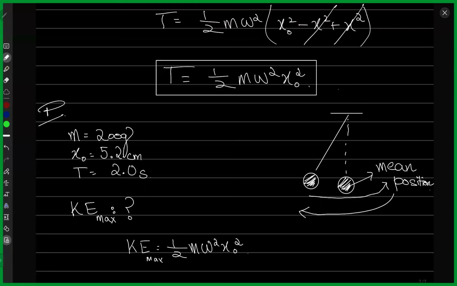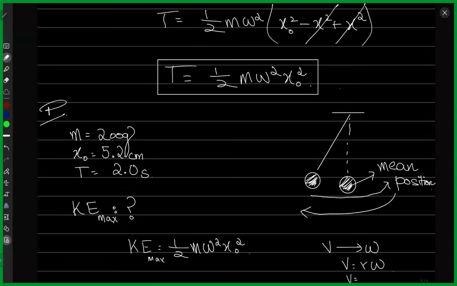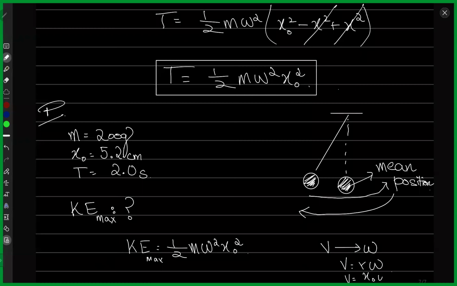If you remember from circular motion, we could relate v and omega by v equal to r omega. In this case, r is just x naught, so v is equal to x naught omega.